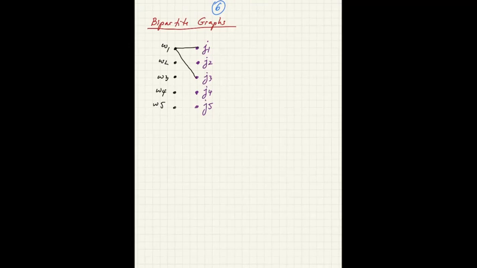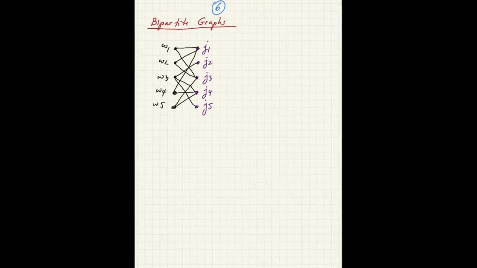So we represent this by a graph. Worker 2 is qualified to do job 1 and also job 3. Worker 3 can do job 2, job 4, and job 5. Worker 4 can do job 1 and job 4. And worker 5 can do job 3 and job 4. The numbers don't have to be equal, but I chose this for simplicity.